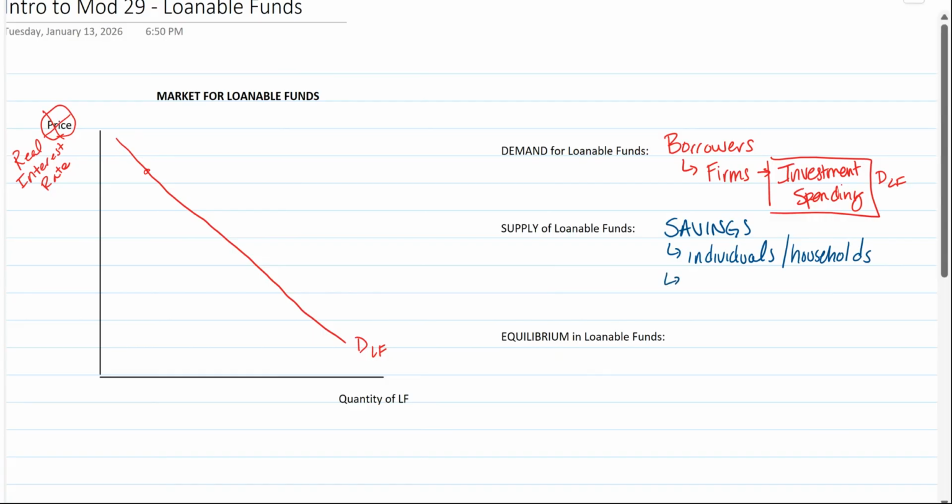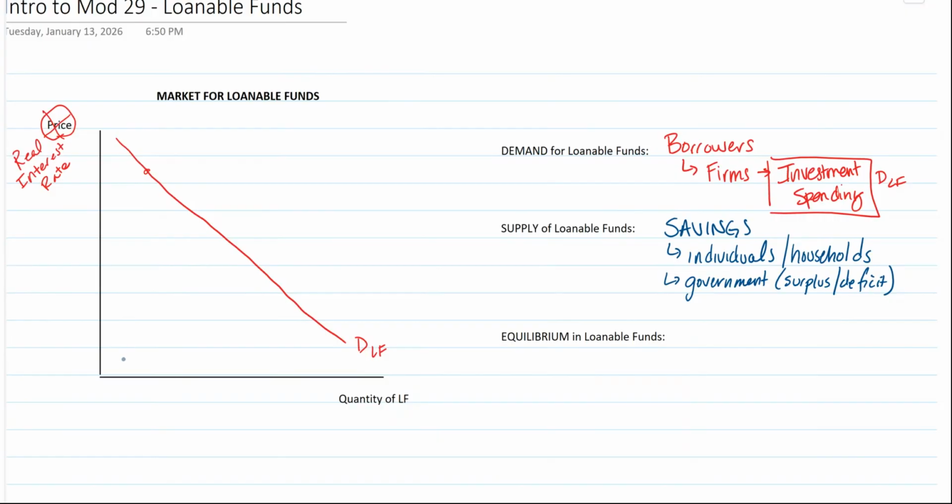We're also going to add a little caveat here that we'll come back to later, that I like to think about the government and whether the government is running a surplus or a deficit as a type of public savings that could be occurring in the market at any given time.